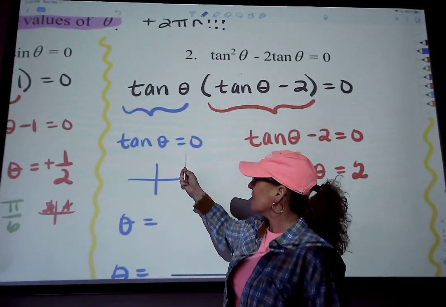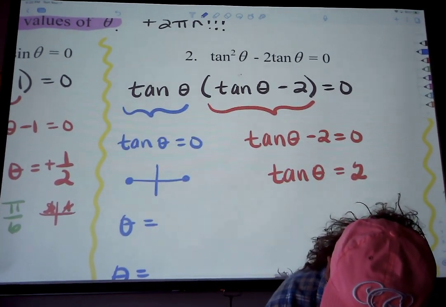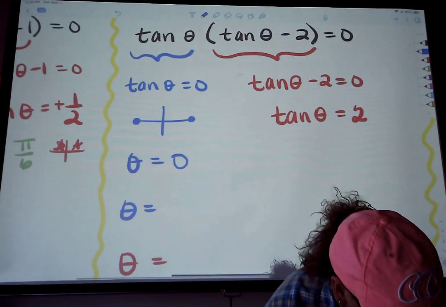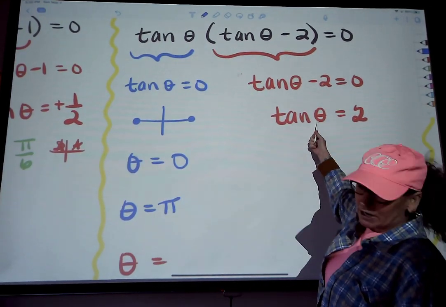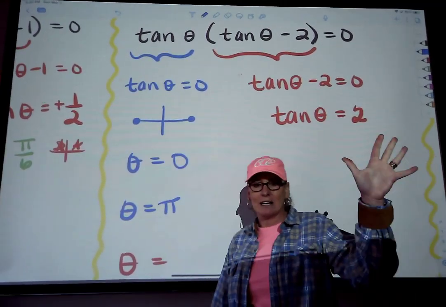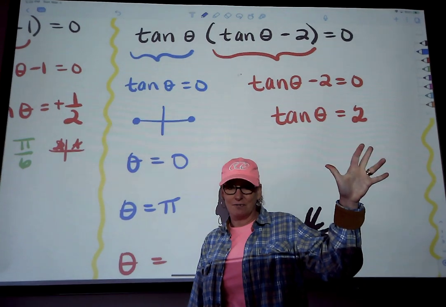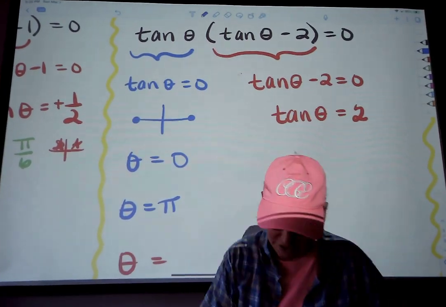Where is my tangent fraction 0? Well, my tangent fraction is 0 here and here. And where is, oh golly, where is tangent 2? Well, that's not on here. So you're going to need to take out your calculator.